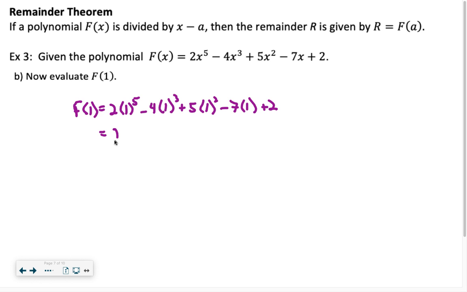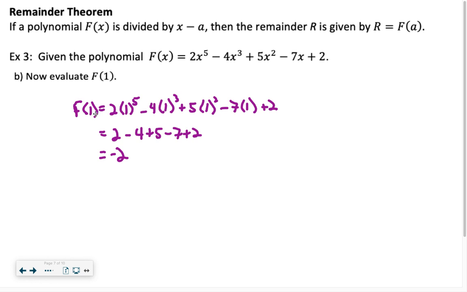So that'll just be 2 minus 4 plus 5 minus 7 plus 2. So 2 minus 4 is -2, plus 5 would be 3, minus 7 would be -4, plus 2 would be -2.